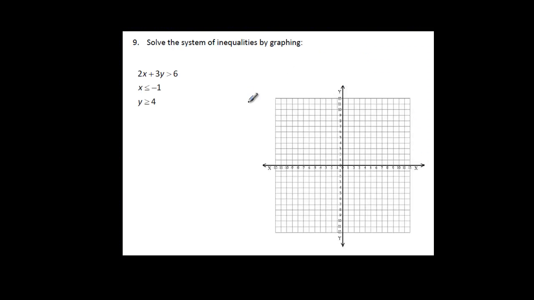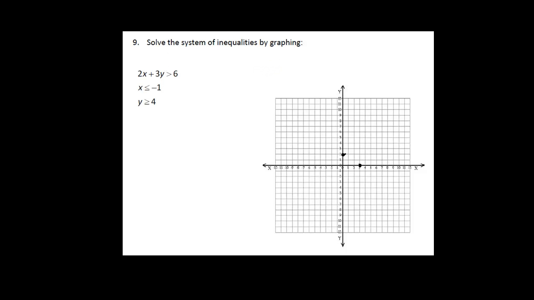Number 9. Alright, so we have some inequalities, and we're going to graph them. I'm going to graph the top one first. This has an x-intercept of 3, because 6 divided by 2 is 3. So it hits here. It has a y-intercept of 2, because 6 divided by 3 is 2. We figure that out because it's in standard form, and we talked a little bit about that in class.